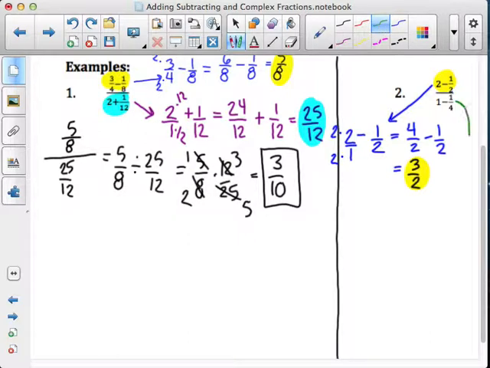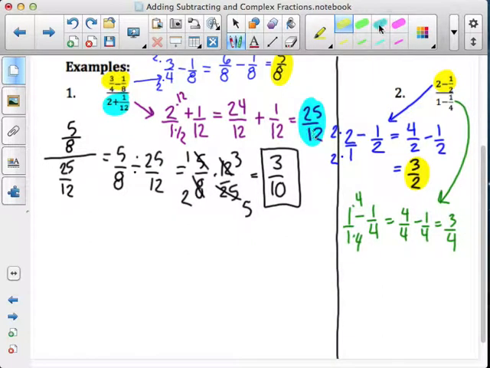Do a different color. So I have 1 minus 1/4. This is really 1 over 1, so times 4, times 4. I get 4 over 4 minus 1 over 4, which is 3 over 4. And so that corresponds to my denominator.